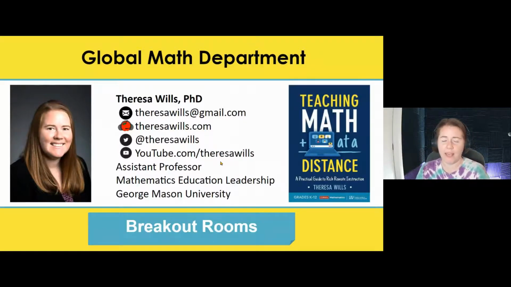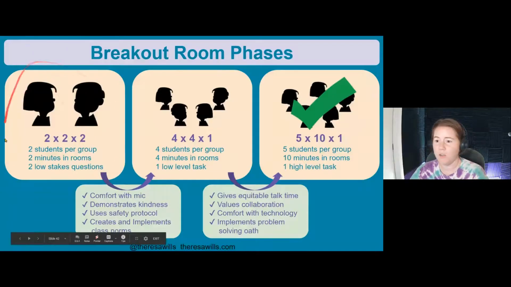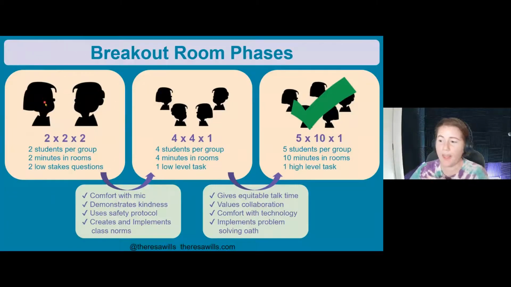I use random a lot, especially early on in this 2 by 2 by 2 phase, because I want every student to get to know everyone. So I have it set up whether I'm using Zoom or Collaborate, Google Meets now. Many of you guys just got Google Meet breakout rooms. And so I find places to make them really quickly. And randomizing is a pretty quick method.